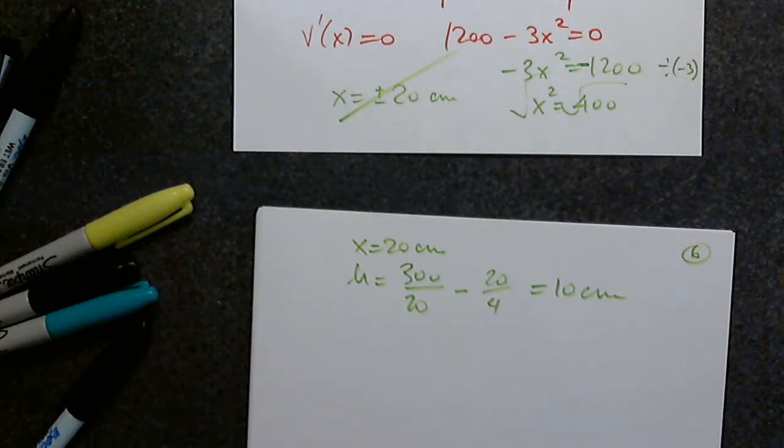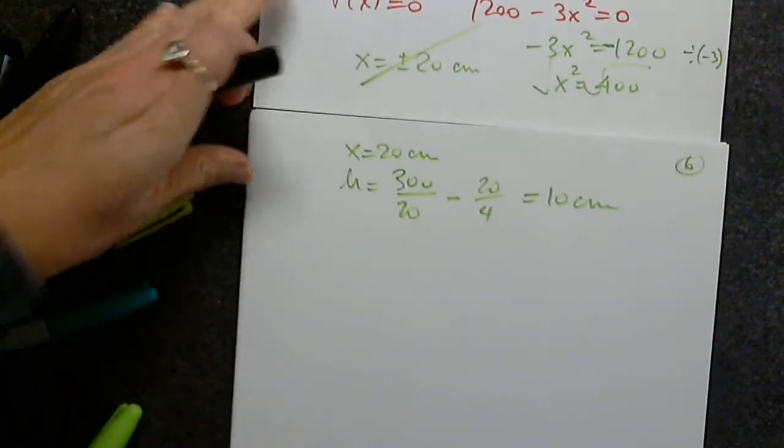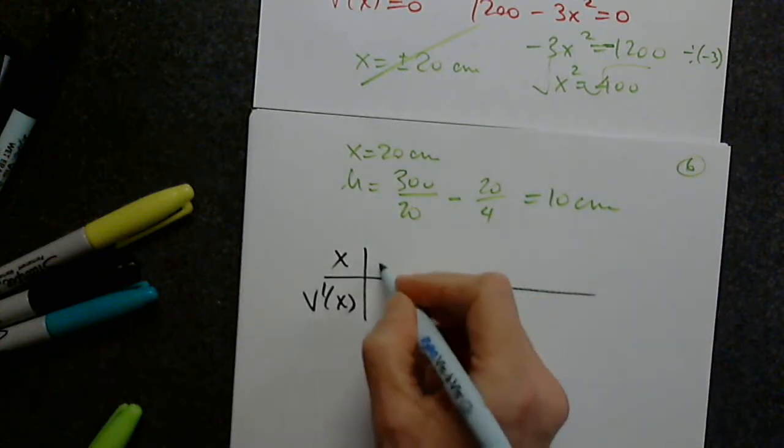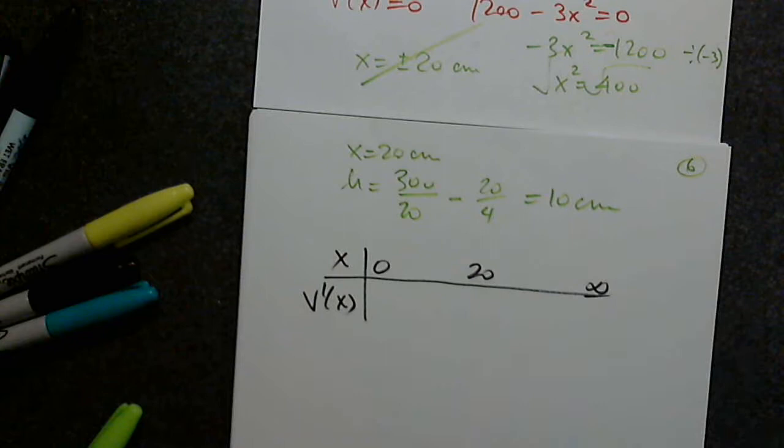So there is no guarantee that x equals 20 gives a maximum volume. So what we need to do next is x, v prime of x, 0, 20, infinity. So at 20, v prime is 0.